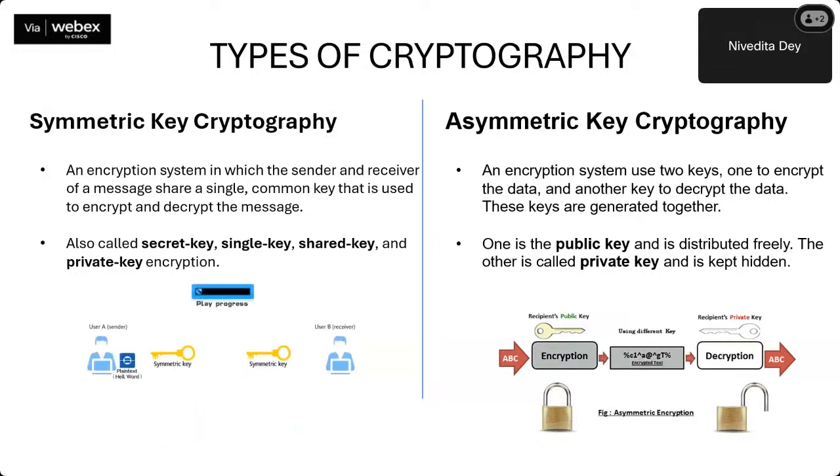The first one is symmetric key cryptography. The term symmetric means we rely on only one particular type of key. The base term here is a shared key, the same key that we use for both the encryption and the decryption algorithm. It is not different.